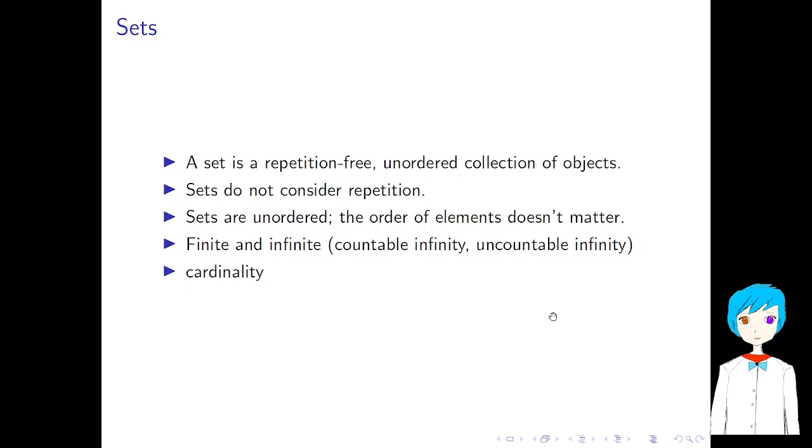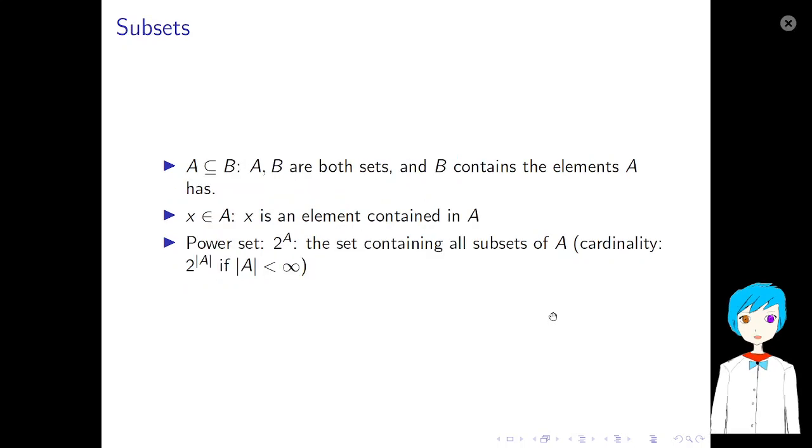For sets, we use cardinality. For finite sets, the cardinality is the number of elements in the set. For infinite sets, the cardinality is countably infinite or uncountably infinite. We introduced subsets and how to prove a set is a subset of another.